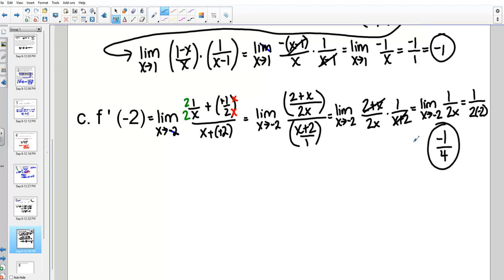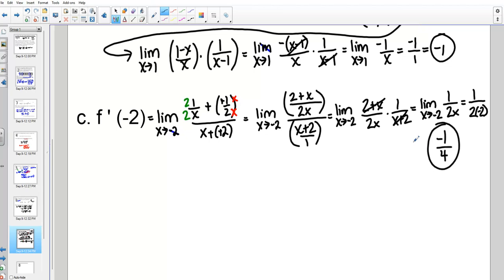Now, I think that we can all agree that that felt kind of repetitive, and you wouldn't feel like doing that if you had to find more points, right? So I partially put this here to lead into something for tomorrow. The definition we're using today is the limit definition of a derivative at a single point. So you want to know, at negative 2, what was the rate of change?